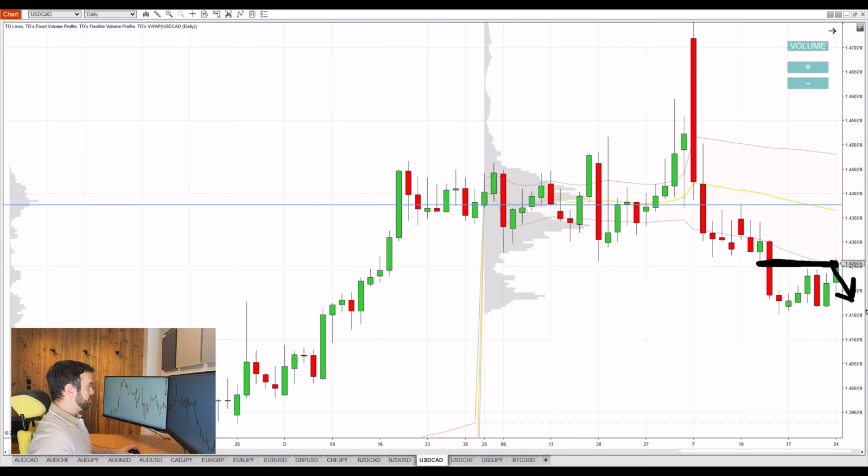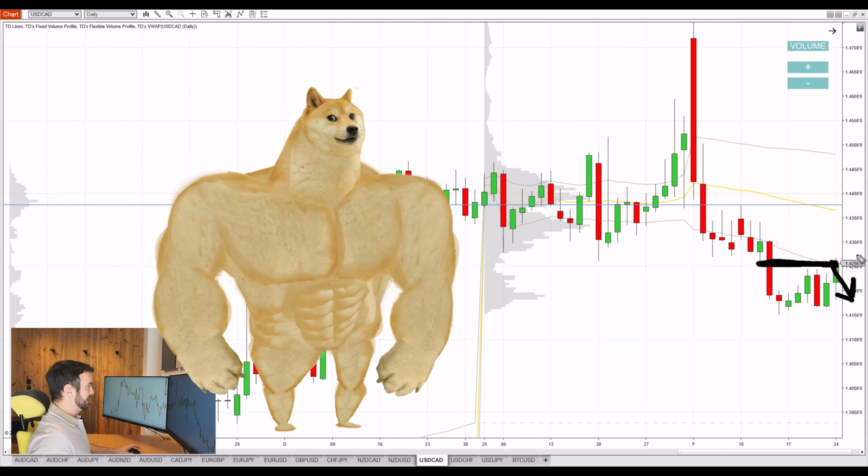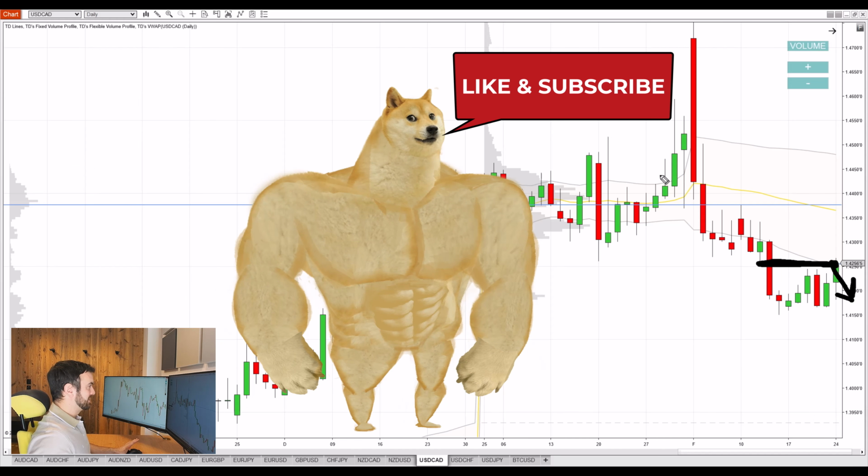I moved the chart like this so you don't see the outcome of the trade. Now on the screen you see what I saw when I entered the trade, so you can imagine what it was like when I was thinking whether to enter this trade or not.